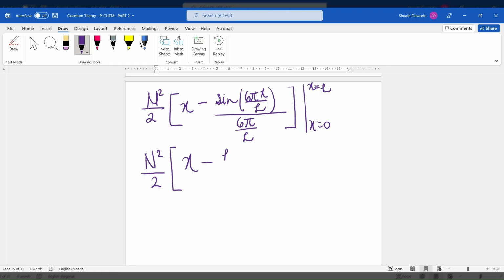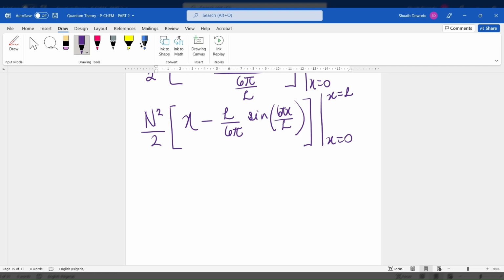So we have rearranged it: L divided by 6 pi, sine 6 pi x over L. I know I'm not supposed to be doing everything step by step because you guys are probably taking this in your junior or senior year, but I'm just going to explain. Remember, 5 divided by 2 over 3 is the same thing as 5 times 3 over 2. That is basically what I did here. So I don't want anyone to be confused about how we all of a sudden got something different.